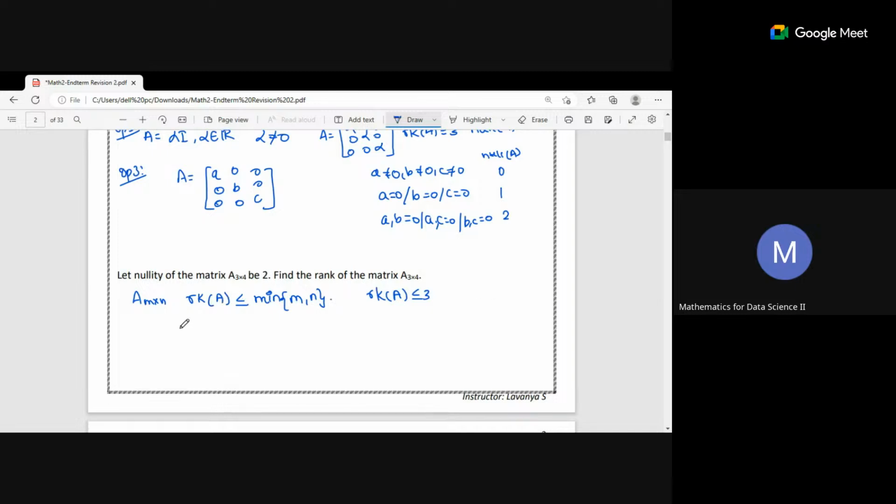Now what about the rank nullity theorem? Rank of A plus nullity of A is equal to the number of columns. Here the number of columns is 4. So rank plus nullity is 4, so rank should be 2. Okay, fine.